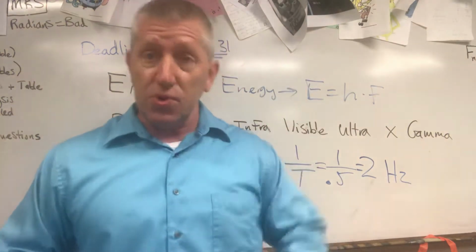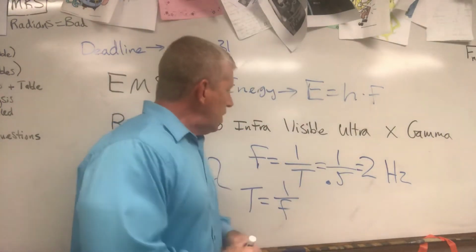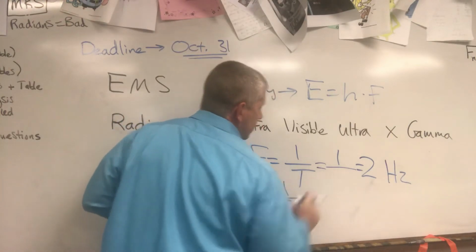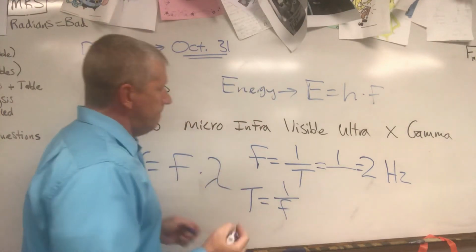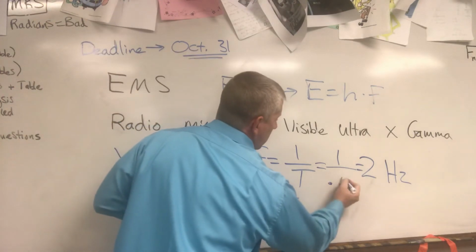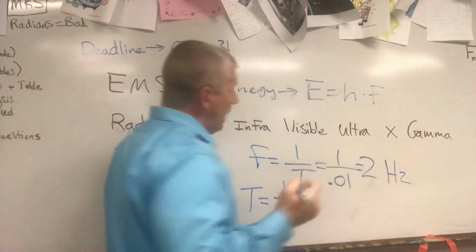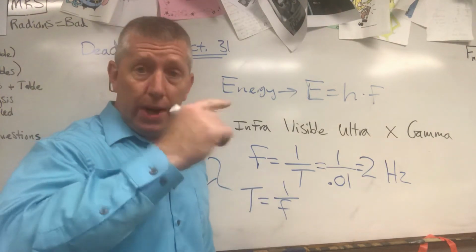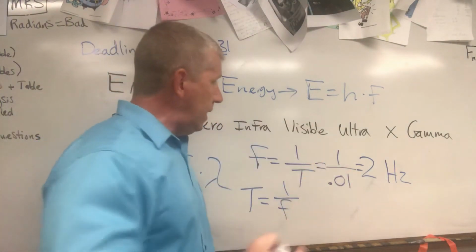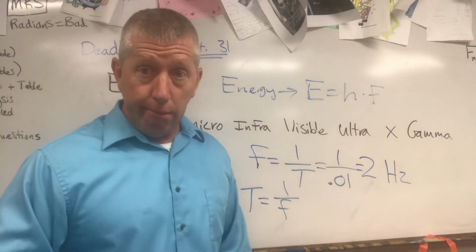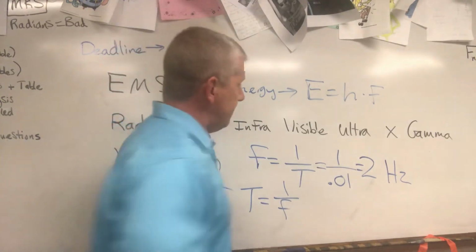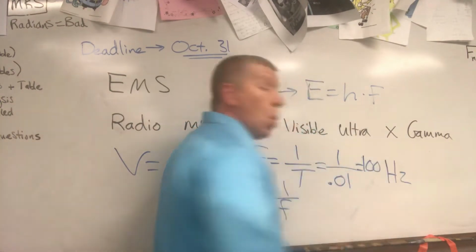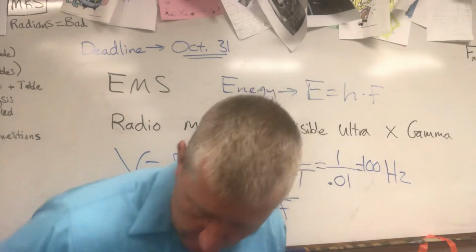What if you had a time period of 1/100th of a second? You take 1/100th and divide it into 1, and you get 100. That would be 100 hertz, or 100 waves per second.